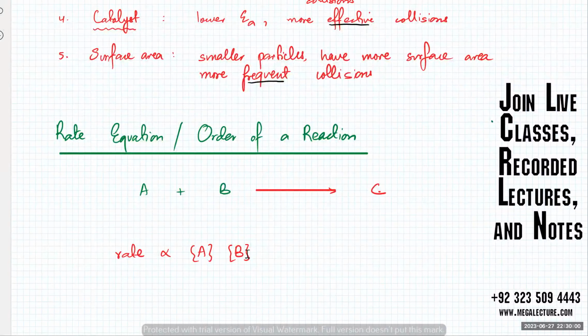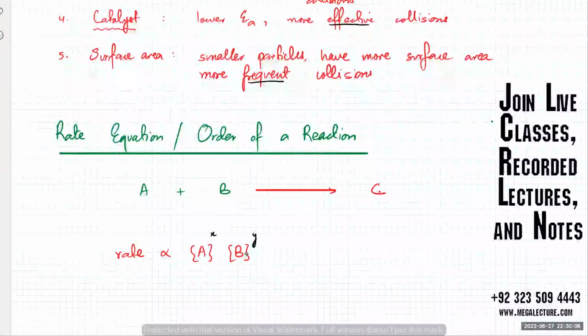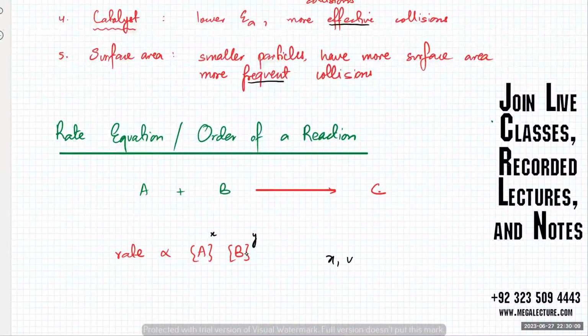Except for one thing, which is that we don't know how it's going to be dependent on it. So there's going to be a power X and a power Y. This X and Y is basically your order of reaction.